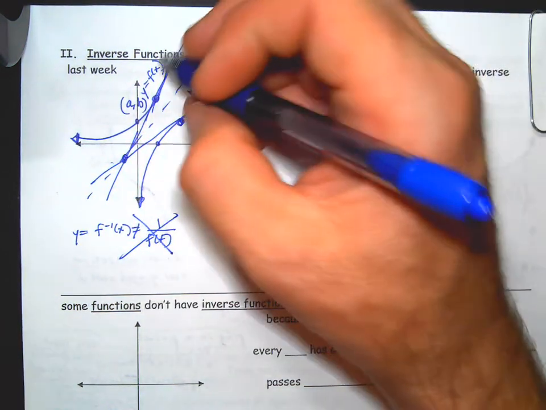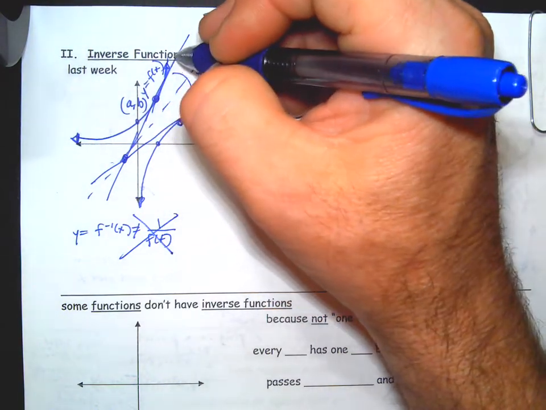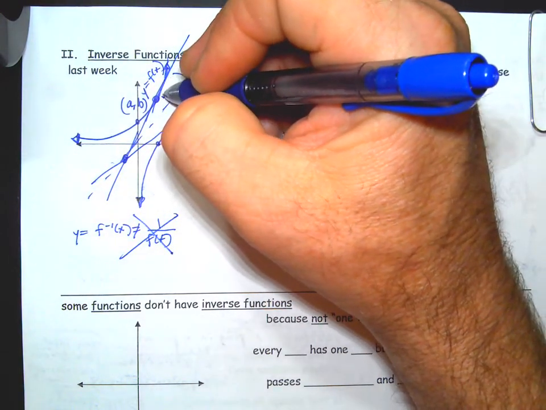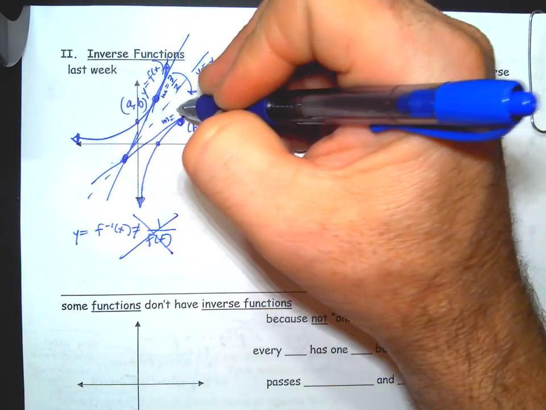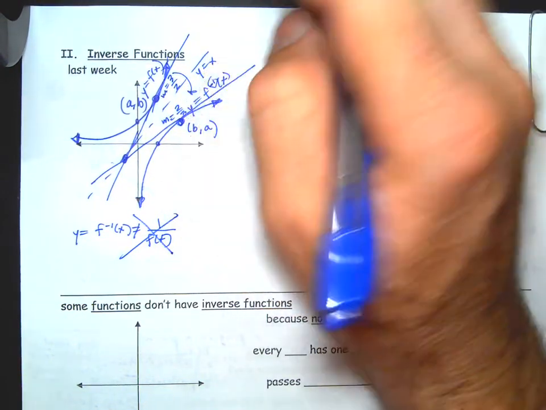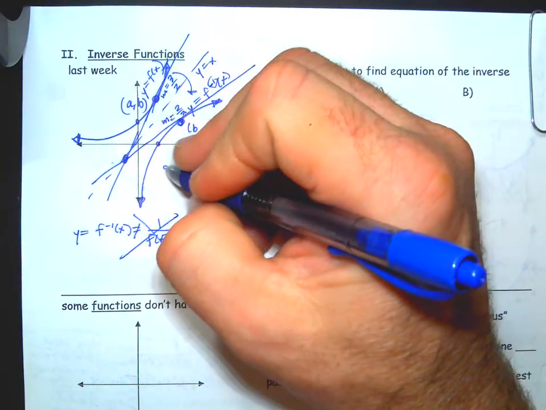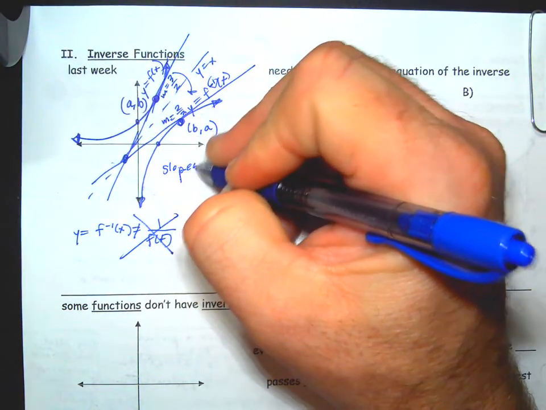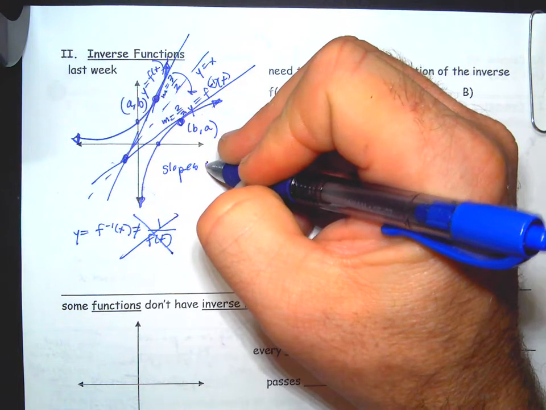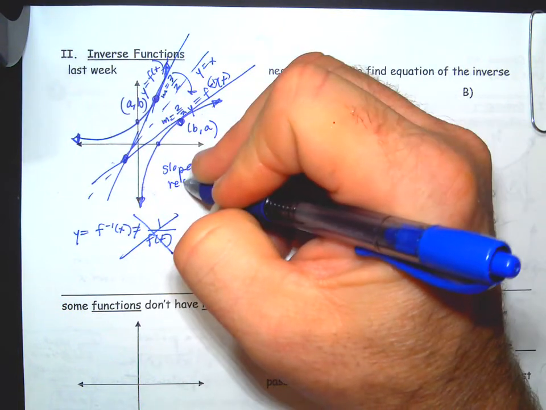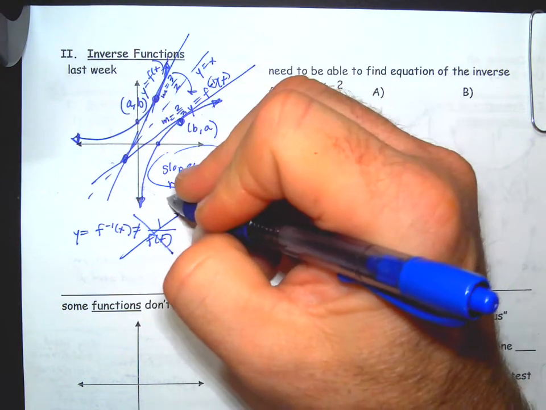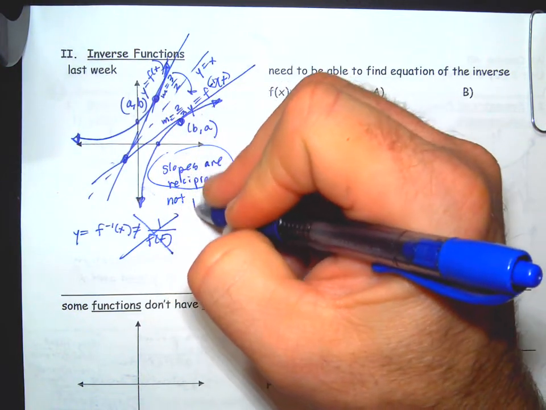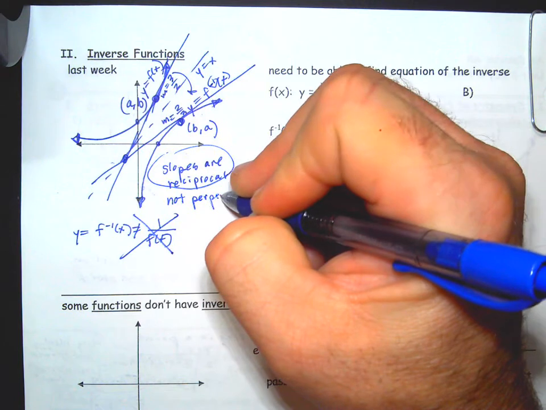But, and I'll convince you that this makes sense in a second, if the slope here was 3/2, then the slope at the corresponding point over here would be 2/3. So the slopes are really just the upside down version of each other. They're just the reciprocal. They're not the negative reciprocal, just the reciprocal. Okay? They're not perpendicular. Okay?